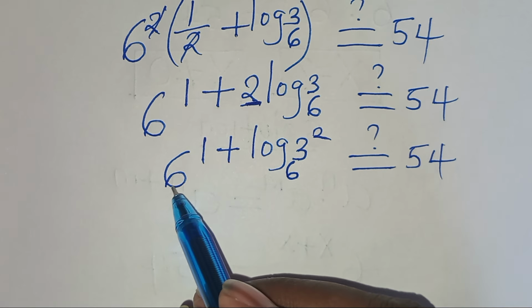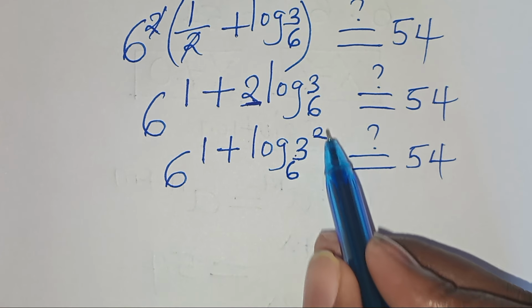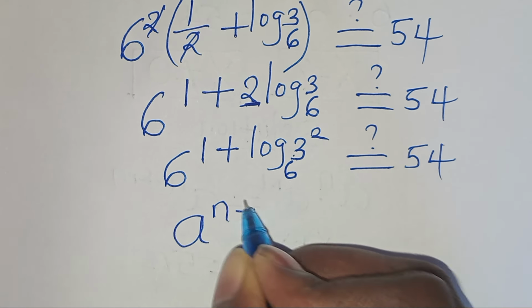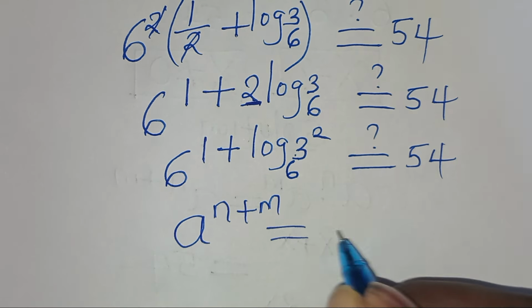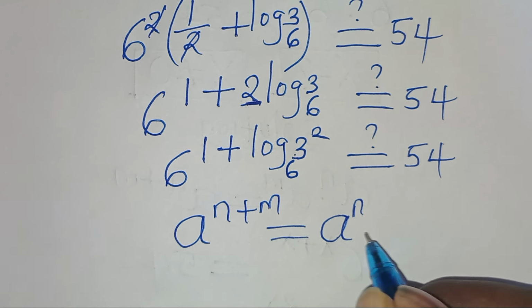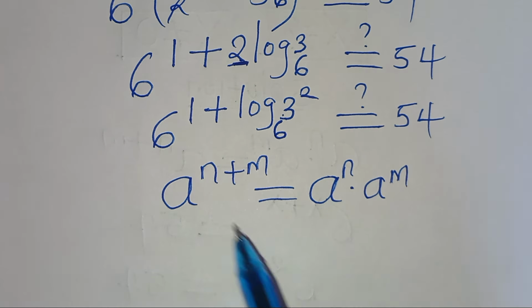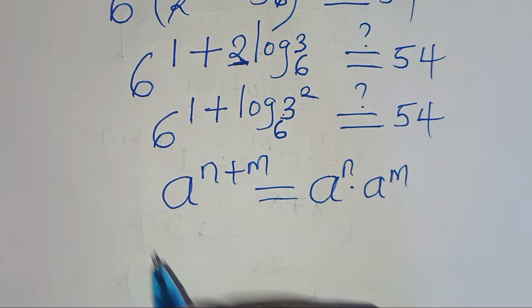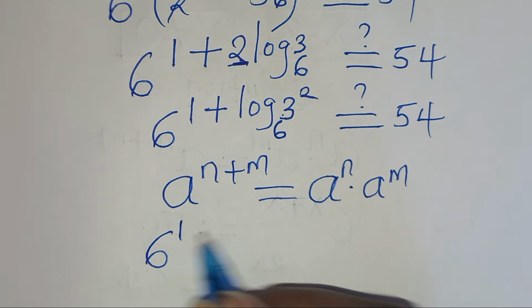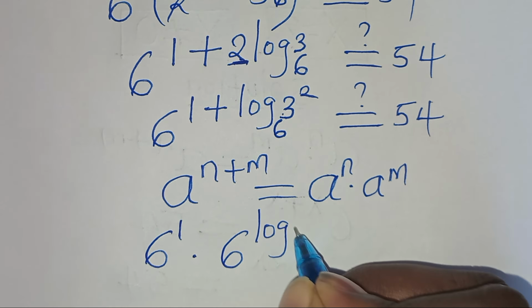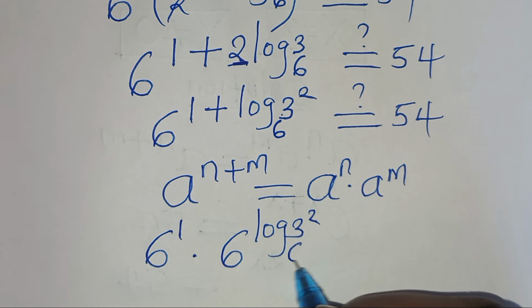The next step is that 6 to the power of 1 plus log 3 to the power of 2 to base 6 is in the form of a to the power of n plus m, and this can be expressed as a to the power of n times a to the power of m. Applying this exponent property, here we have 6 to the power of 1 times 6 to the power of log 3 to the power of 2 to base 6.